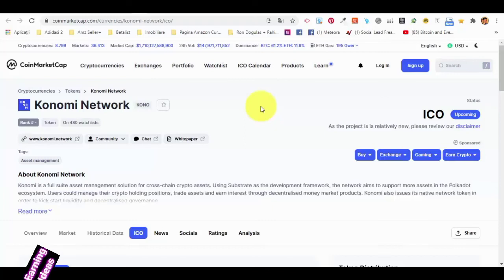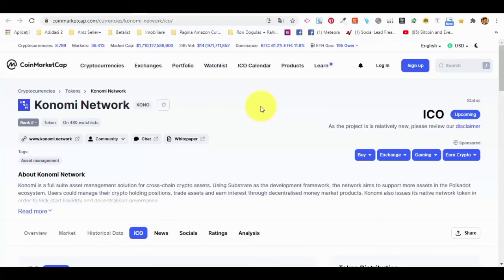So that's the thing with the ICOs. What we recommend, because they are high risk, is to do your analysis properly. You also have token private sales, pre-sales, and so on. You need to do your analysis very carefully, because there were cases in the past where, for different reasons, the projects did not work out. So the value of the coins or the tokens went down a lot, disappeared, and so on.